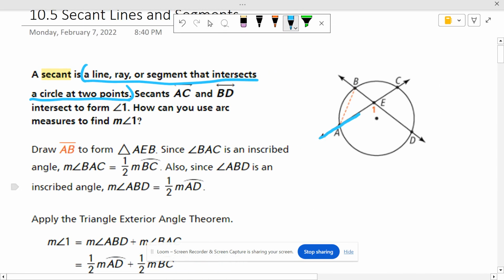So AC here is a secant because it hits the circle there and there. BD is a secant because it hits it there and there.